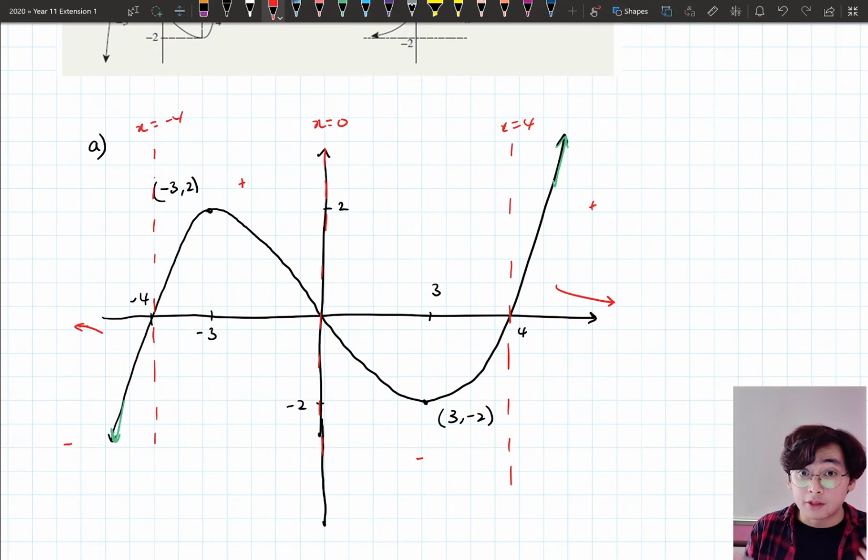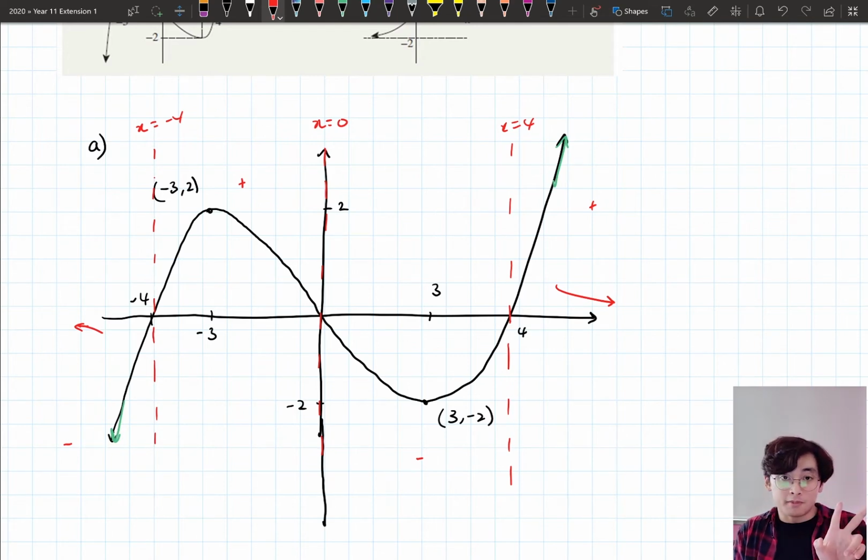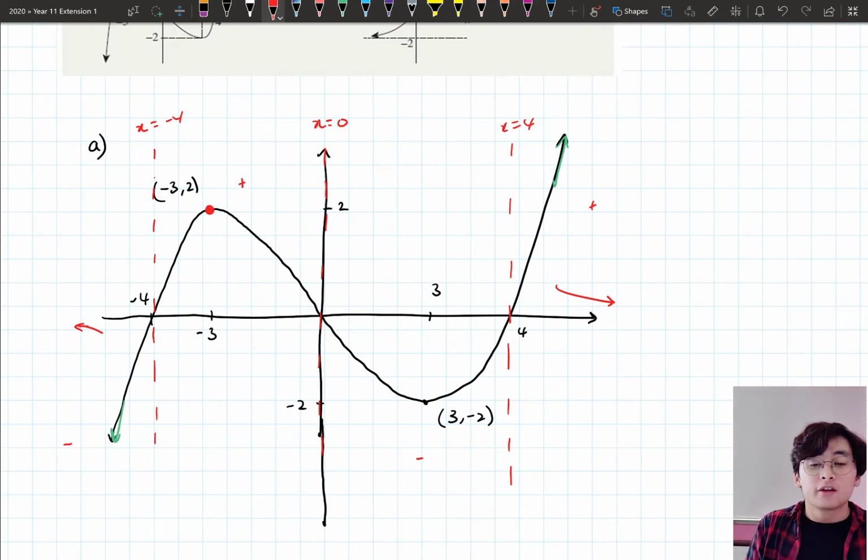Okay, the other thing is, if we have a local maximum or local minimum for our original graph, we're going to have a local minimum or local maximum. So let's start with this local maximum over here. This is the local maximum on my original graph, and it's at -3, 2. So on my reciprocal graph, instead of having a local maximum, I'm going to have a local minimum. So the local minimum is going to be at 1 over the y value.